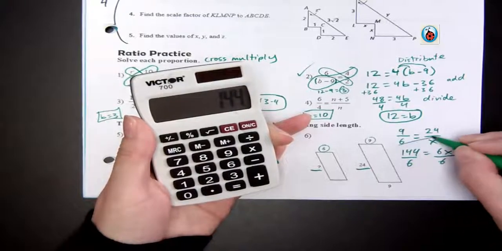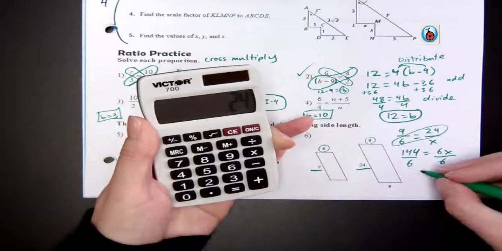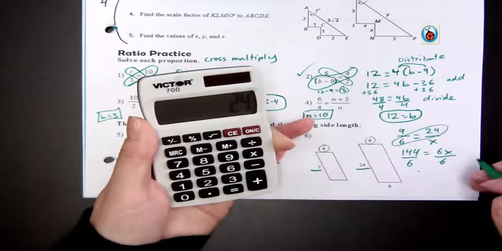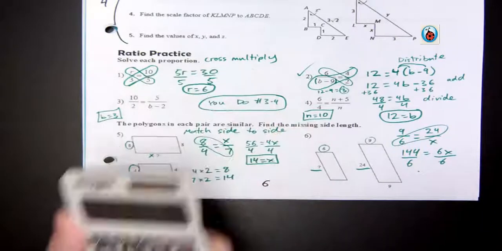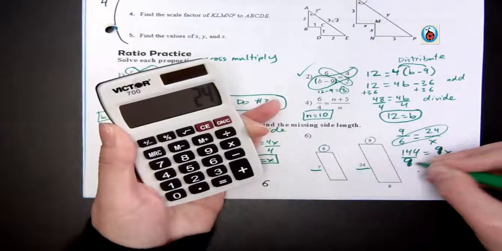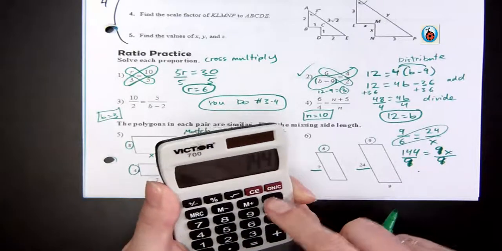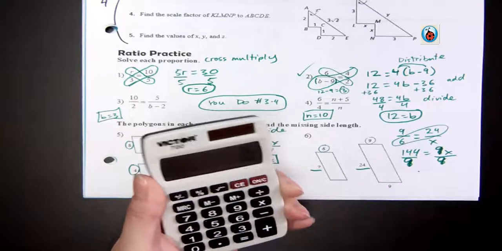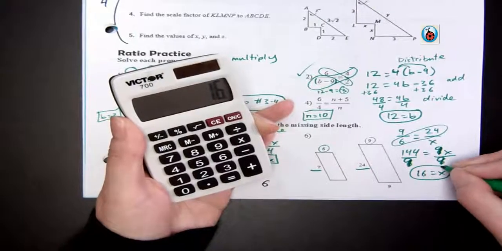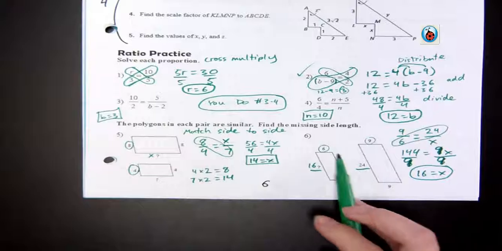And divide by 6 gives me 124. I did that wrong. Divide by 9. 144 divided by 9 equals 16. And I check. That's a logical number. 16 over 24 and 6 over 9. Those are logical numbers.